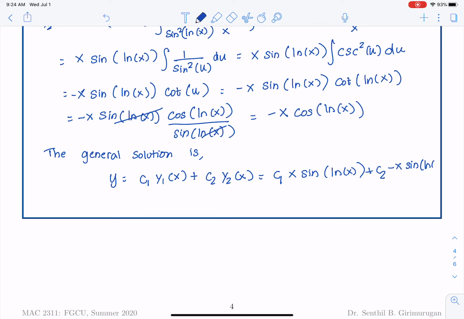Oops, sorry. Negative x times cosine ln of x. We have an x in common, so if I pull x out, I have c1 sine ln of x minus c2 cosine ln of x. And that is the general solution.